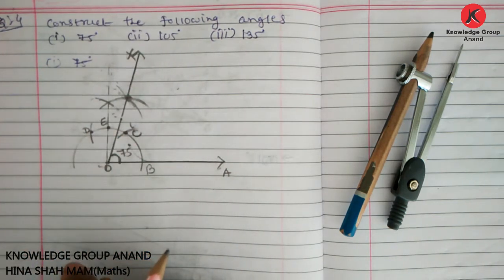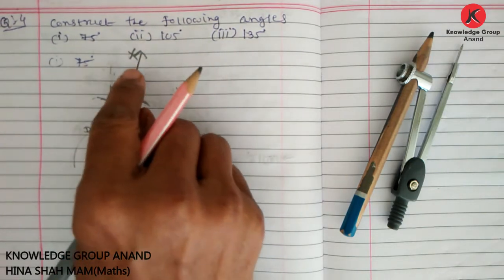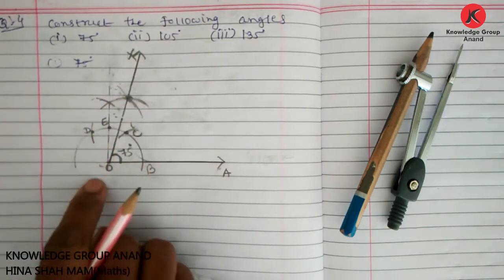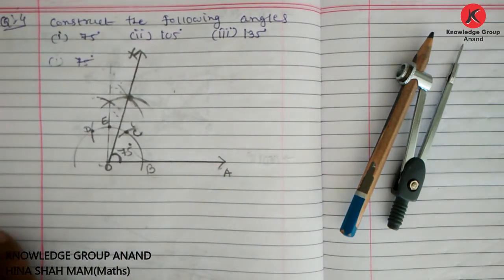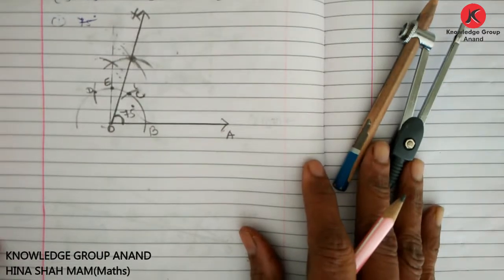Then 60 plus 15 is equal to 75 degrees. This angle XOA is 75 degrees, which is our required angle.